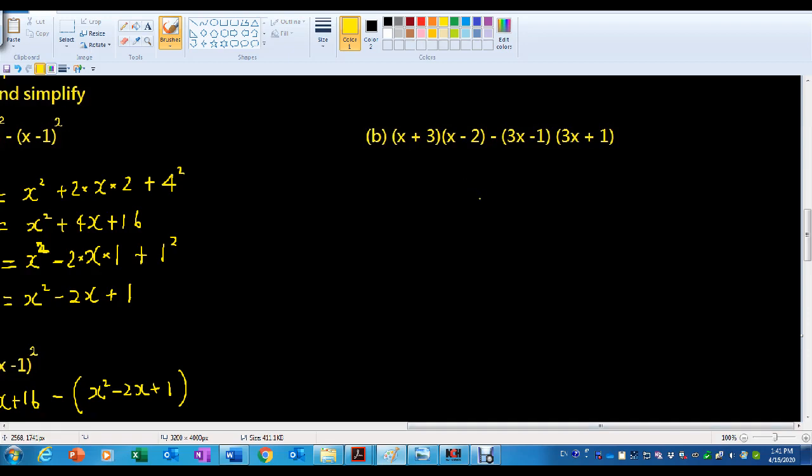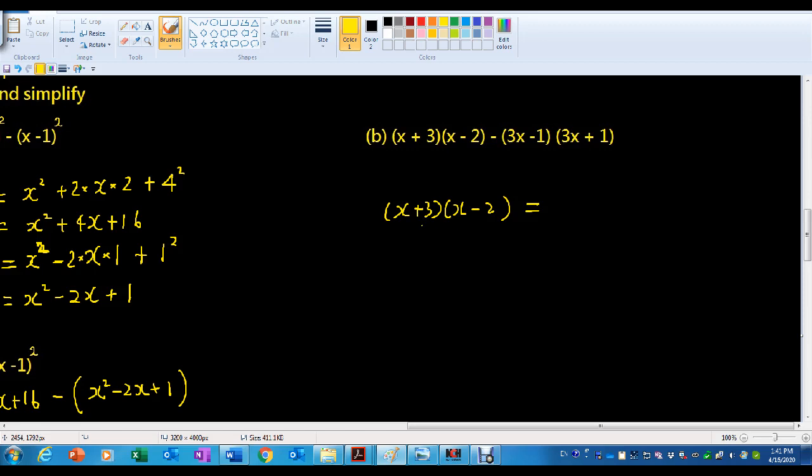And then have a look at this one. For the first part, you see there's x plus 3, x minus 2. What skill are you going to use? Okay, so we see, is this a square of binomial? No, there's no square. Is this a sum times a difference?